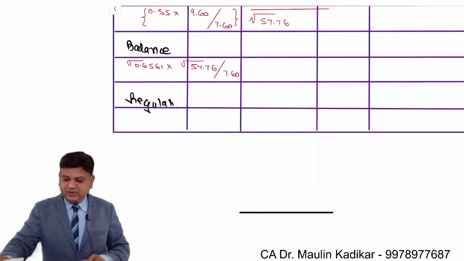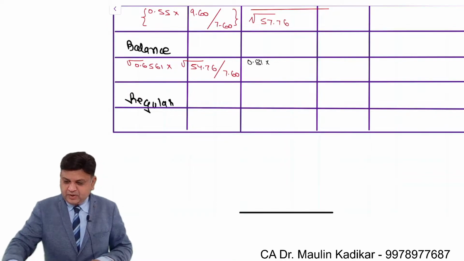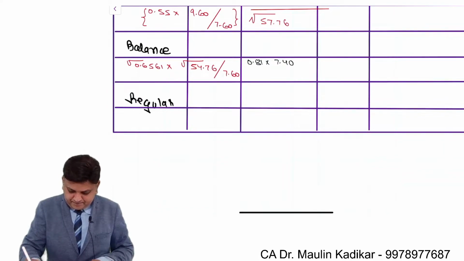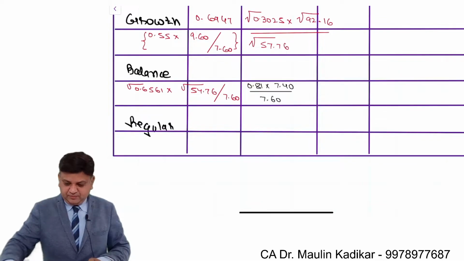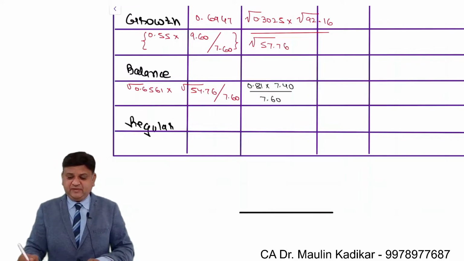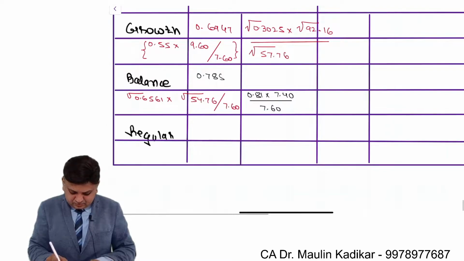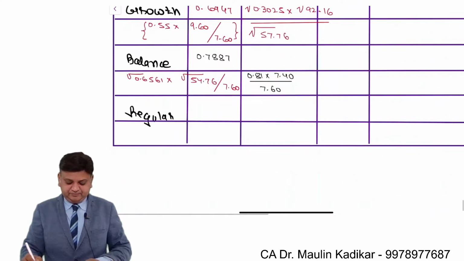The square root of 0.6561 is 0.81. Root of 54.76 is 7.4, divided by 7.6 percentage. So 0.81 into 7.4 divided by 7.6 is 0.7887.